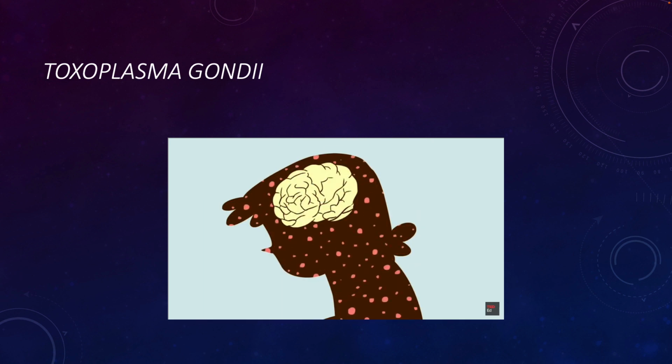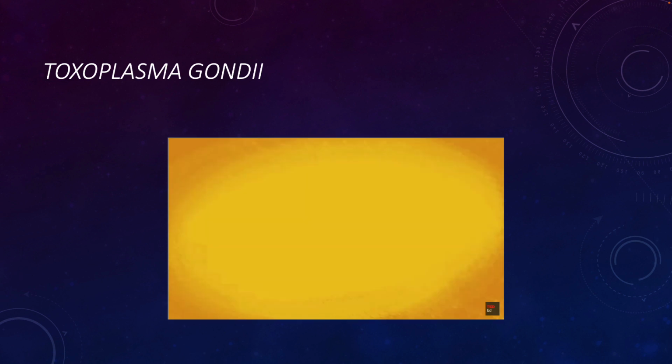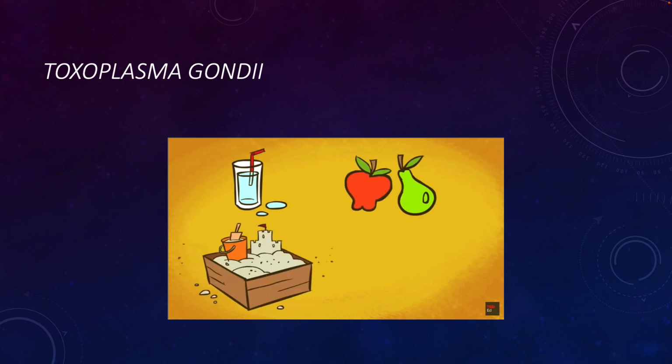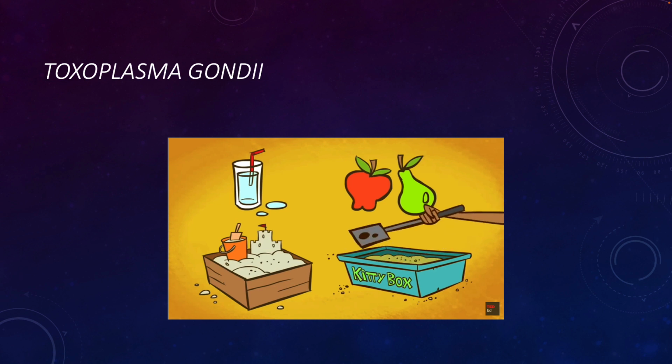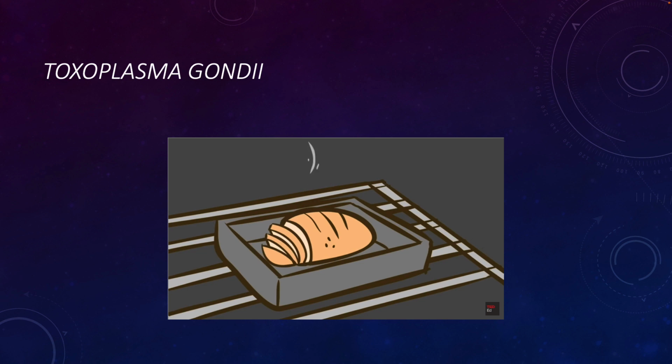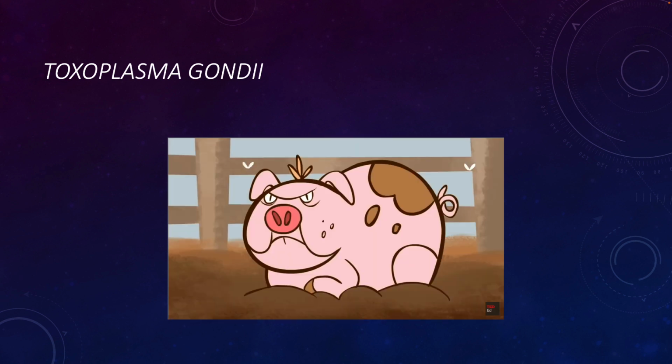We can accidentally ingest oocysts in contaminated water or unwashed produce, or from playing in sandboxes or cleaning out litter boxes. This is behind the common recommendation that pregnant women not change cat litter. Toxo can cause serious birth defects. We can also get Toxo from eating undercooked meat from other animals that picked up some oocysts.